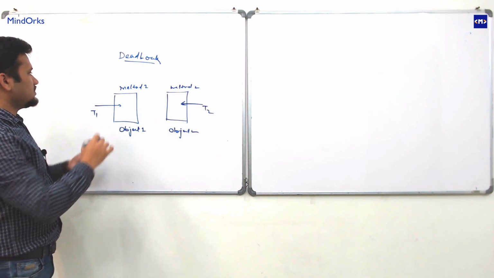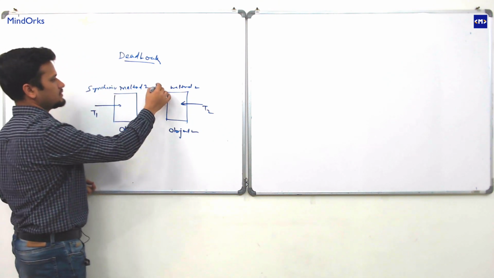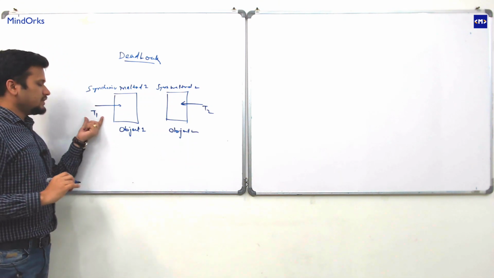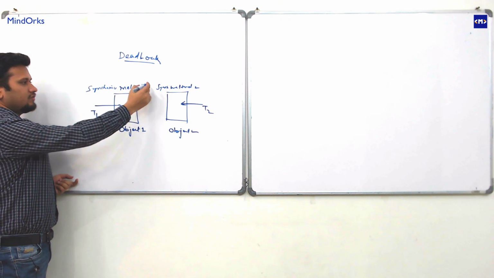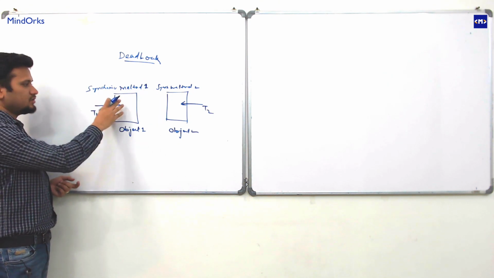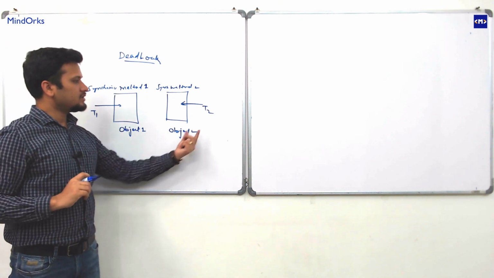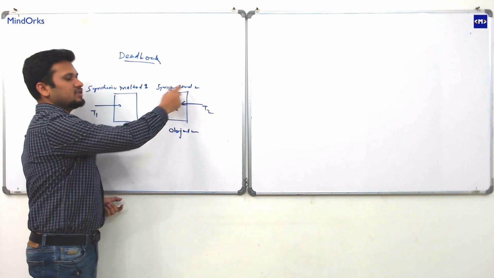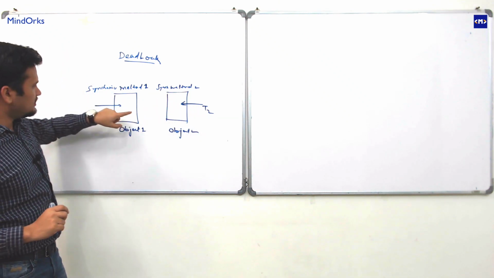These two methods are synchronized. Now T1 is calling method 1 of object 1, which is synchronized, so it gets into the monitor. At the same time T2 gets into object 2, which is also in a synchronized method, so it is in one monitor.